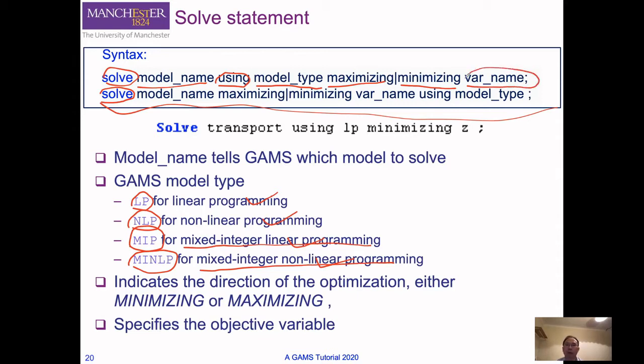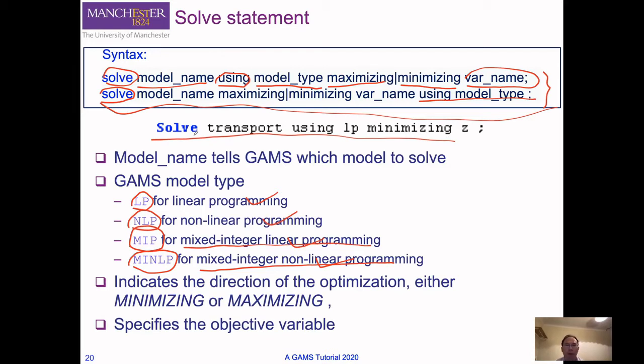This variable name is a free variable that is used to denote the value of the objective function. You can also put using model type after maximizing or minimizing variable name. Both of them are the same. This is one example to show you how to use the solve statement to solve a model.